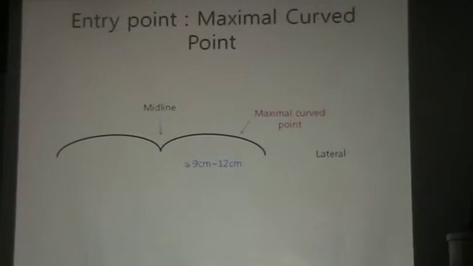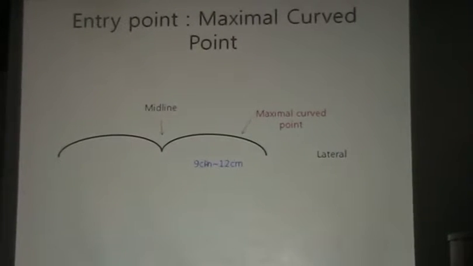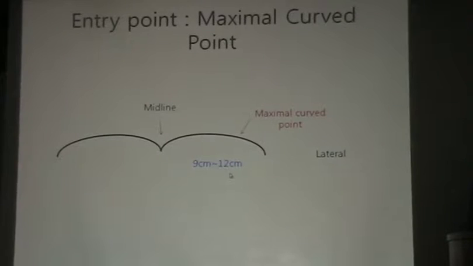In a thin patient, the maximal cut point is located around 9 cm from the midline. And in an obese patient, it is located around 12 cm from the midline.